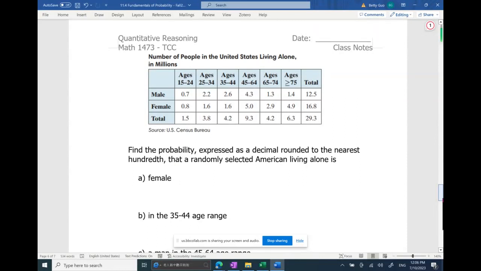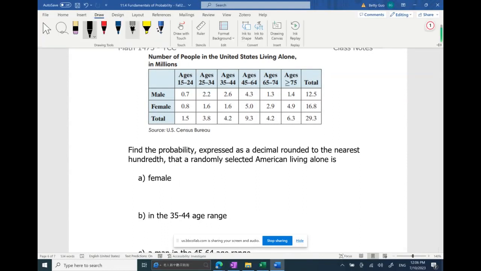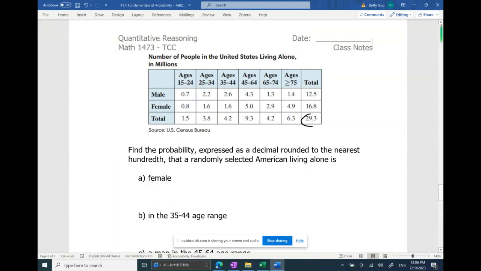As you can see in the last column, how many people in total have we surveyed? 29.3 million, right? Let's just ignore million. Among those 29.3 million subjects, how many of them are female? 16.8, right? And that's going to be the numerator.